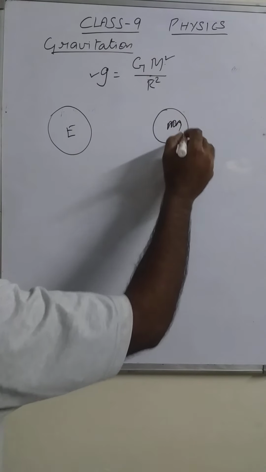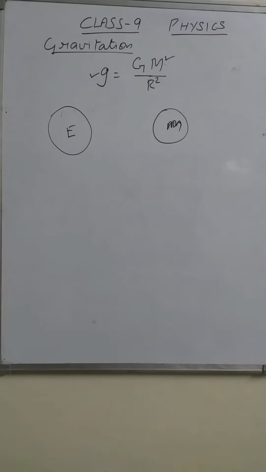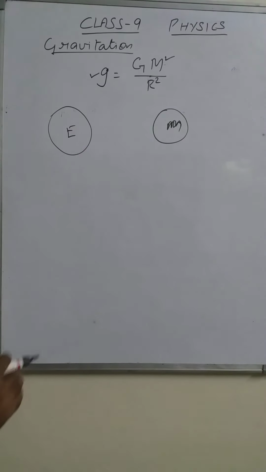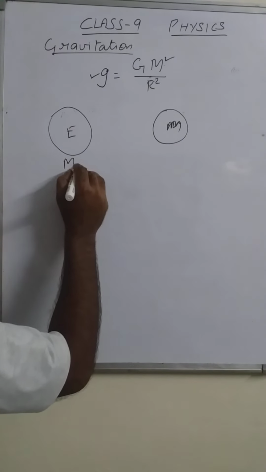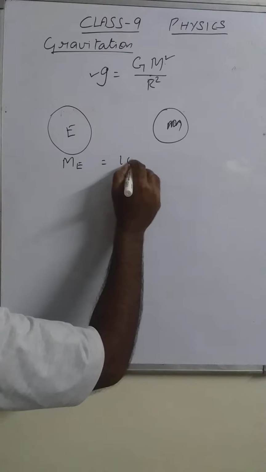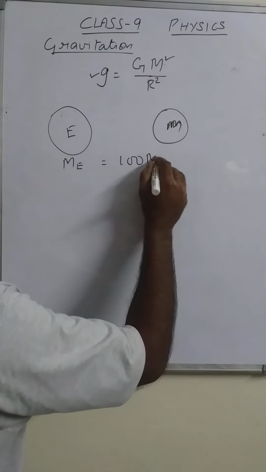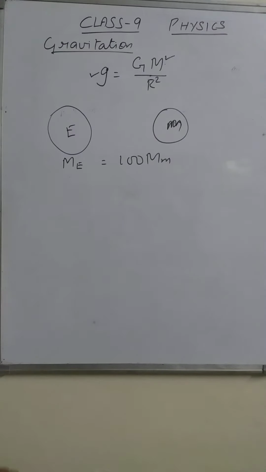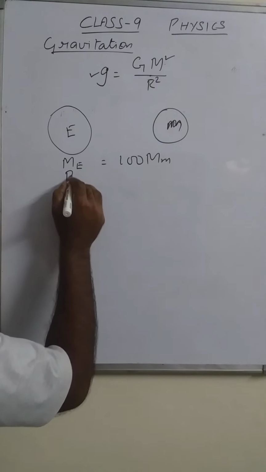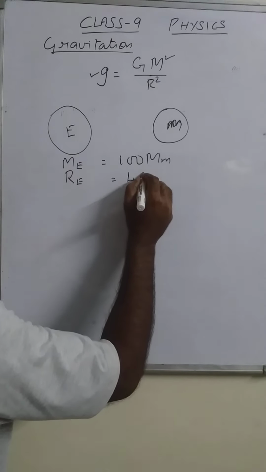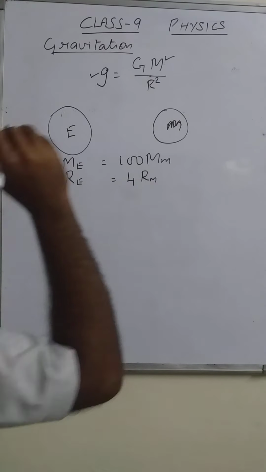Now the things are given. Mass of the earth is approximately 100 times the mass of the moon. These values are given. Radius of earth is 4 times the radius of the moon.